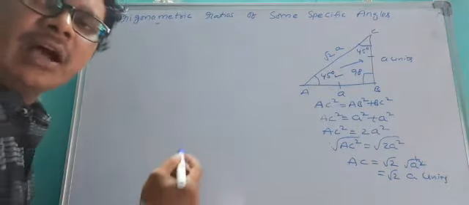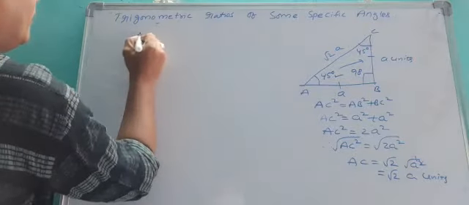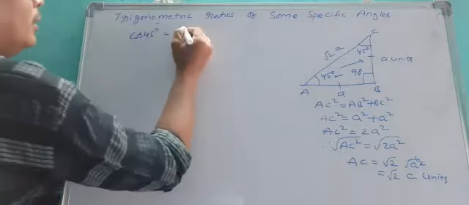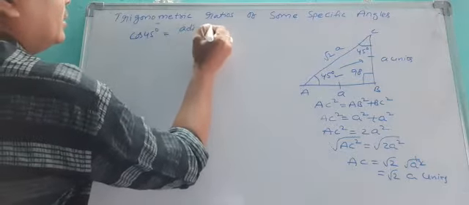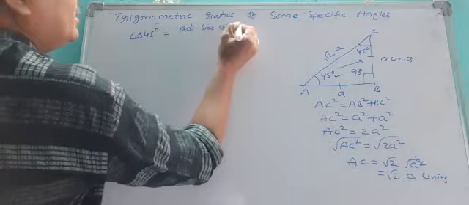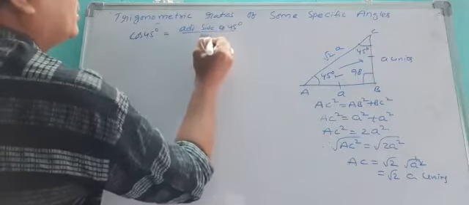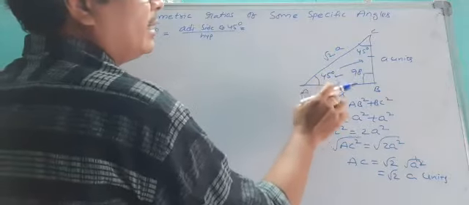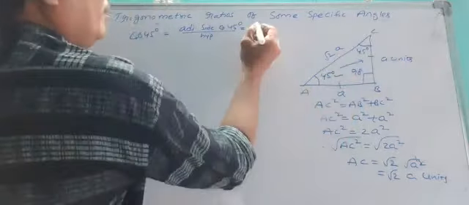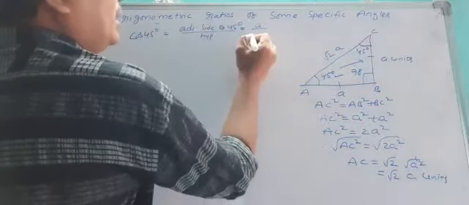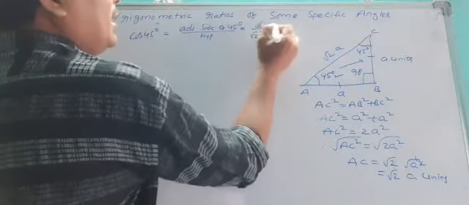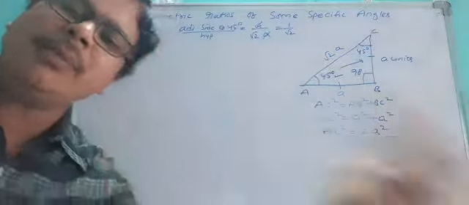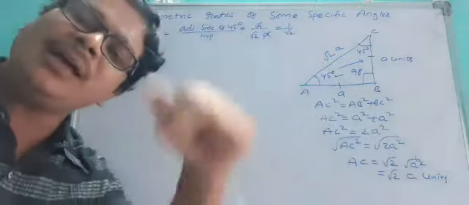Next one is cos 45. Cos 45 equals the adjacent side of 45 degrees by hypotenuse. What is the adjacent side of 45? That is A. You take any one, no problem. A by hypotenuse root 2A, A cancels, that equals 1 by root 2. That means sin 45 is 1 by root 2 and cos 45 is also 1 by root 2.